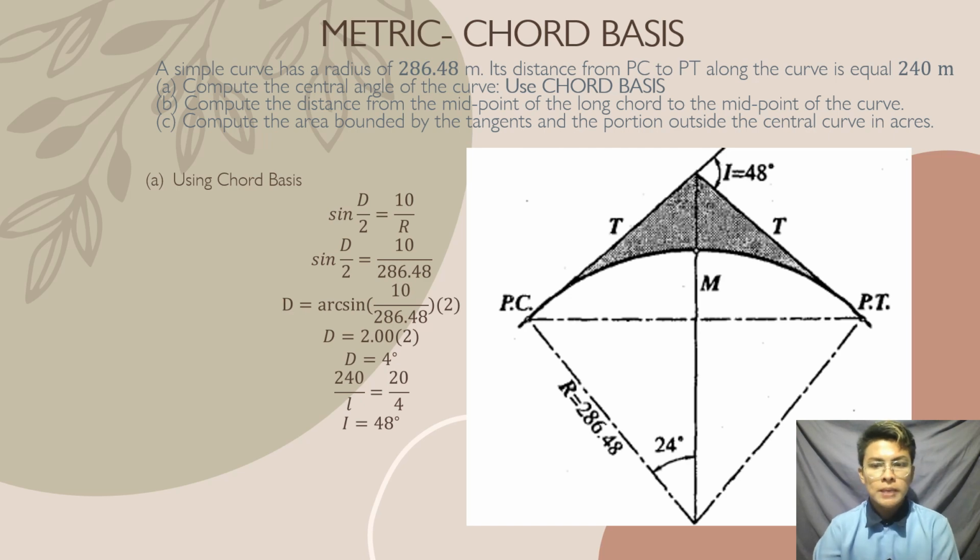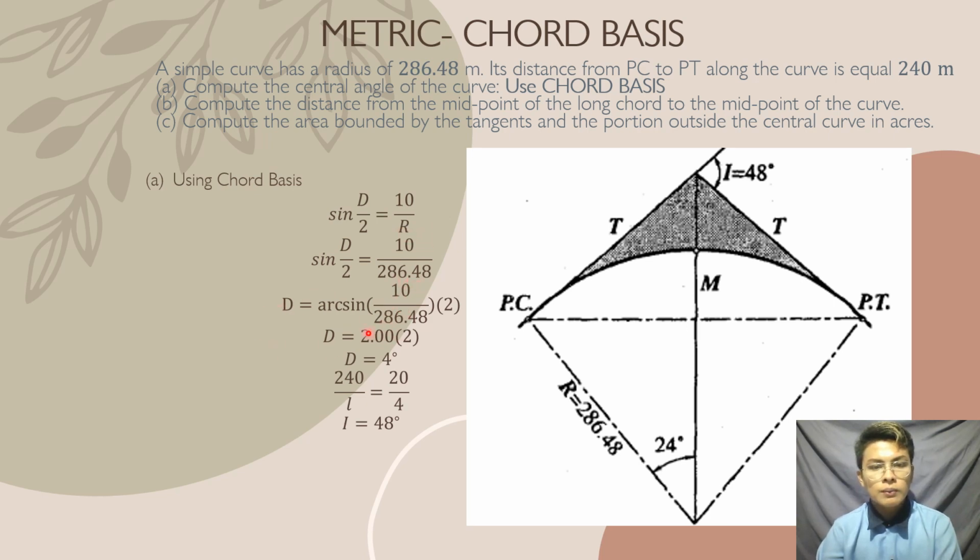Using metric chord basis. Same as the given earlier, but in this problem, we will use another formula to get our central angle. But first, we will find our degree of the curve using the formula. Sine D over 2 is equal to 10 divided by R, 286.48.